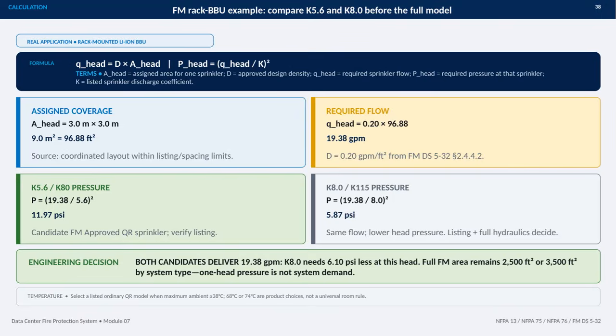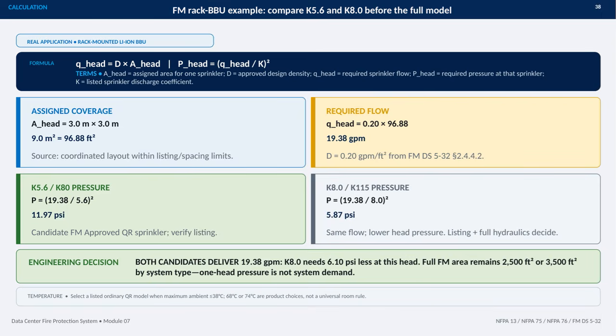This example shows how to compare 2 FM-approved sprinkler options for a rack-mounted lithium-ion BBU before completing the full hydraulic model. We begin with the assigned coverage, 3 meters by 3 meters or 96.88 square feet. Using the design density of 0.20 gallons per minute per square foot, the required flow at one sprinkler is 19.38 gallons per minute.